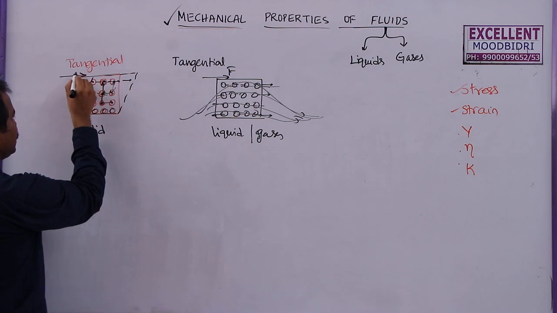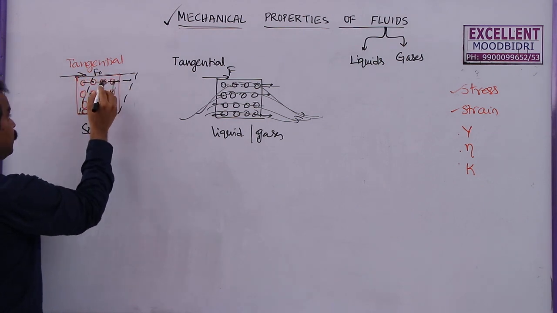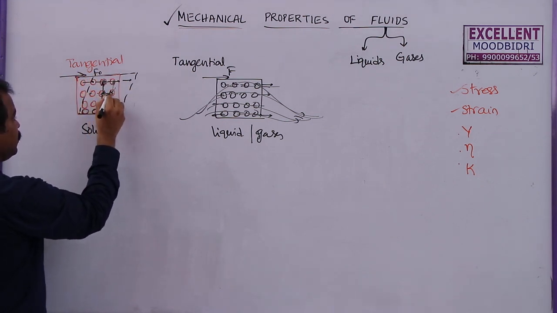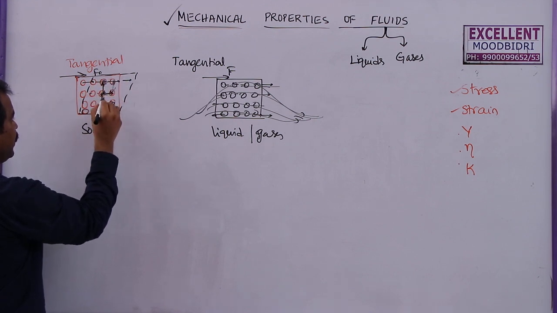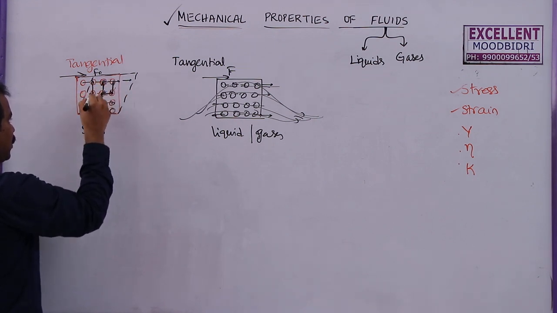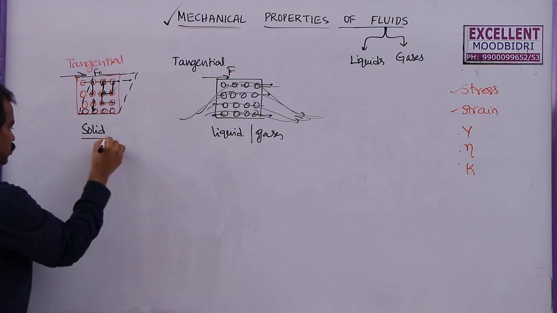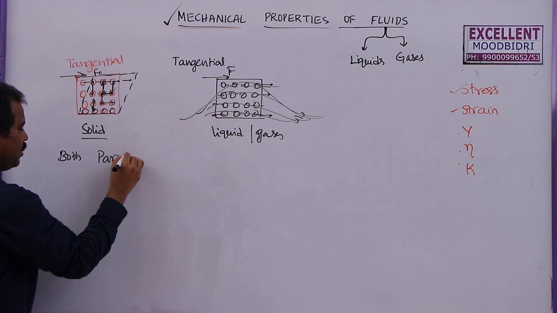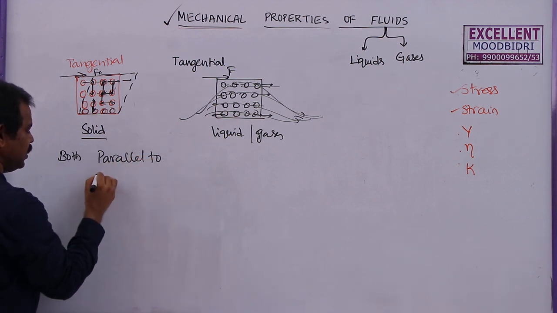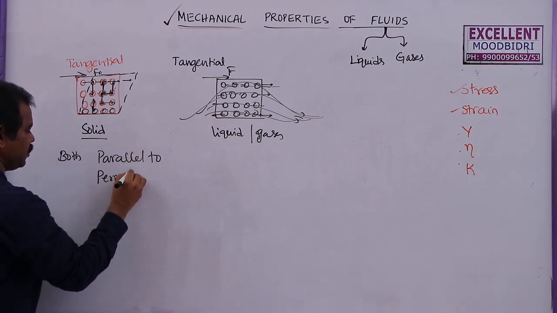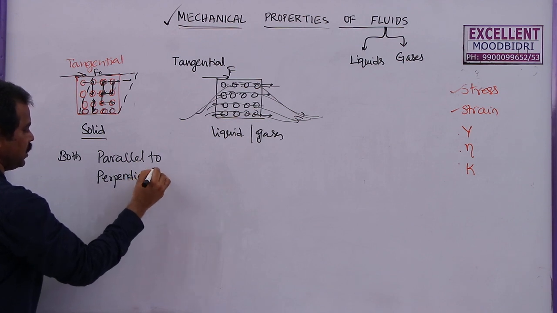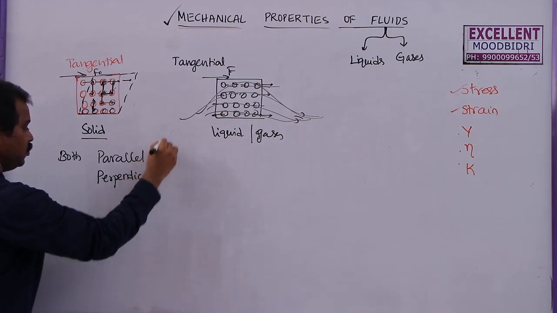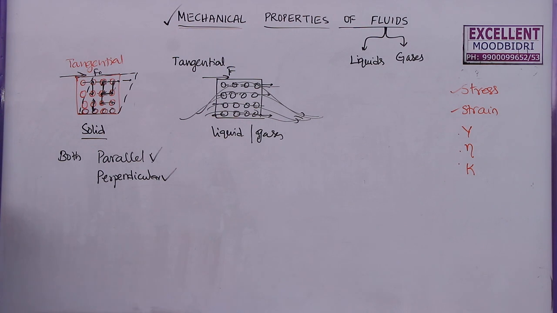Now, if it is the surface on which the force is applied, the forces will be present parallel to the surface as well as perpendicular to the surface. So in solids, forces are present both parallel as well as perpendicular to the surface of the body.